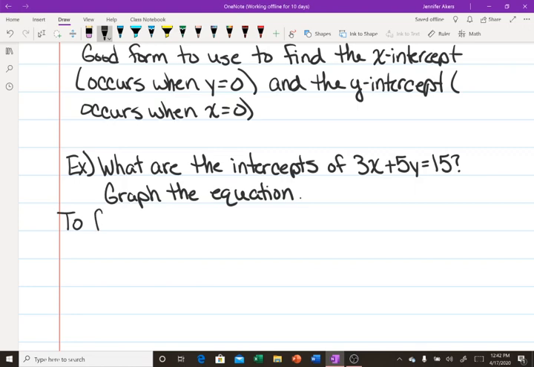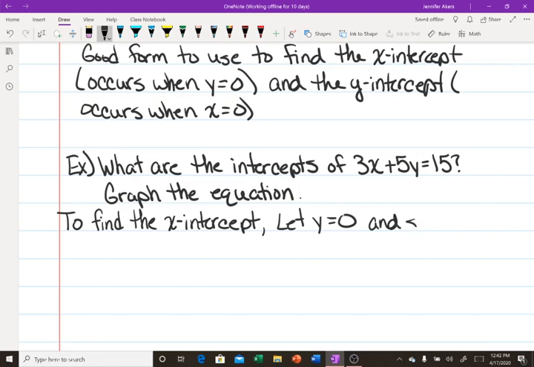So to find the x-intercept, I'm going to let y equal 0 and solve for x. So I have 3x plus 5 times 0 equals 15. 5 times 0 is 0. 3x is equal to 15.